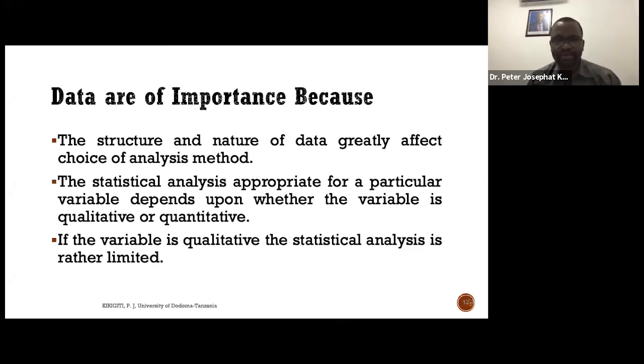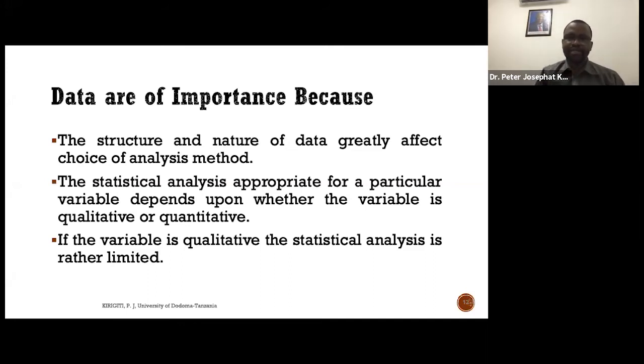So it is very appropriate to ask: what is the nature of the dependent variable? Is the dependent variable qualitative or quantitative? What is the nature of the independent variables? Do we have purely qualitative independent variables? Do we have purely quantitative variables? Or do we have a mixture of qualitative and quantitative independent variables? It is very important to know this in advance.